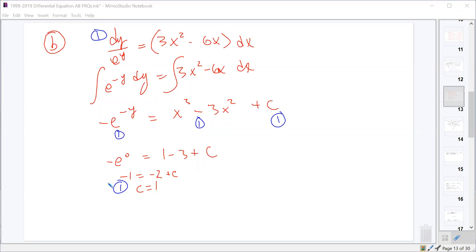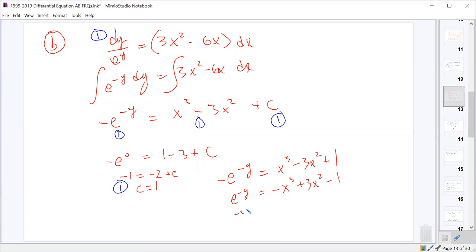And then your last point is finishing solving, so negative e to the negative y equals x cubed minus 3x squared plus 1. Divide by a negative. Take the natural log. And divide by negative 1.